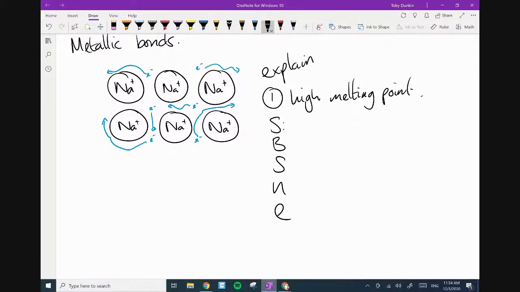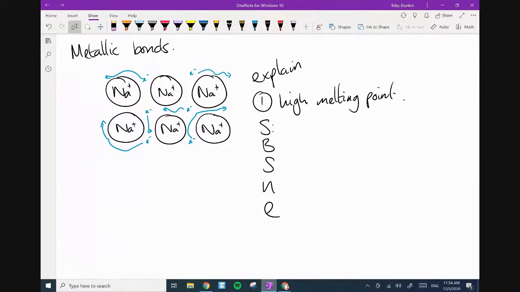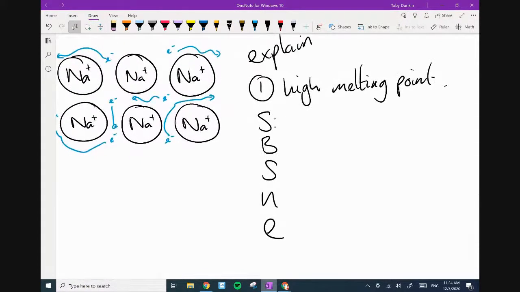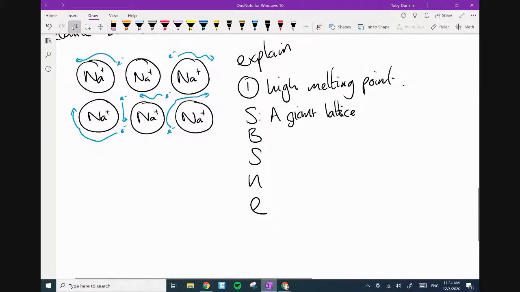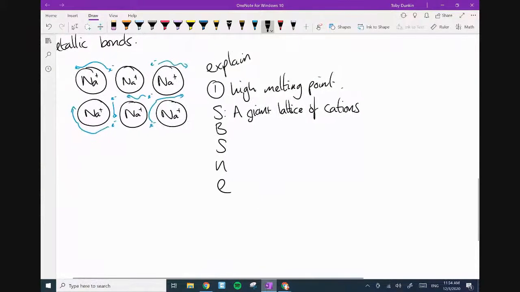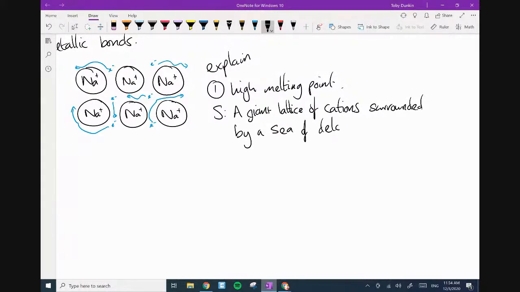Structure. This is a bit more complicated now because this one is where things differ. We now have to do a much better description of the structure of a metal. So we say a giant lattice. Lattice means repeating pattern. A giant lattice of cations surrounded by a sea of delocalized electrons.